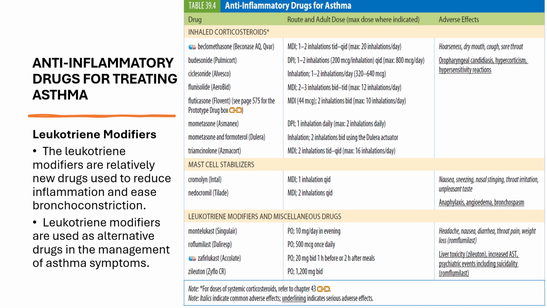Patients who are older than 65 have been found to experience an increased frequency of infection when taking leukotriene modifiers. These drugs may be contraindicated in patients with significant hepatic dysfunction or in chronic alcohol users because they are extensively metabolized by the liver.